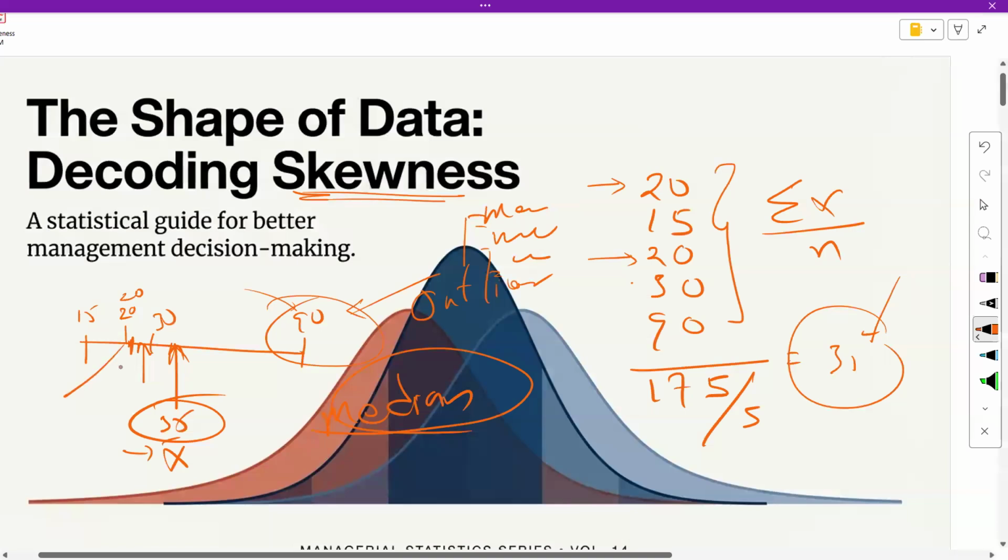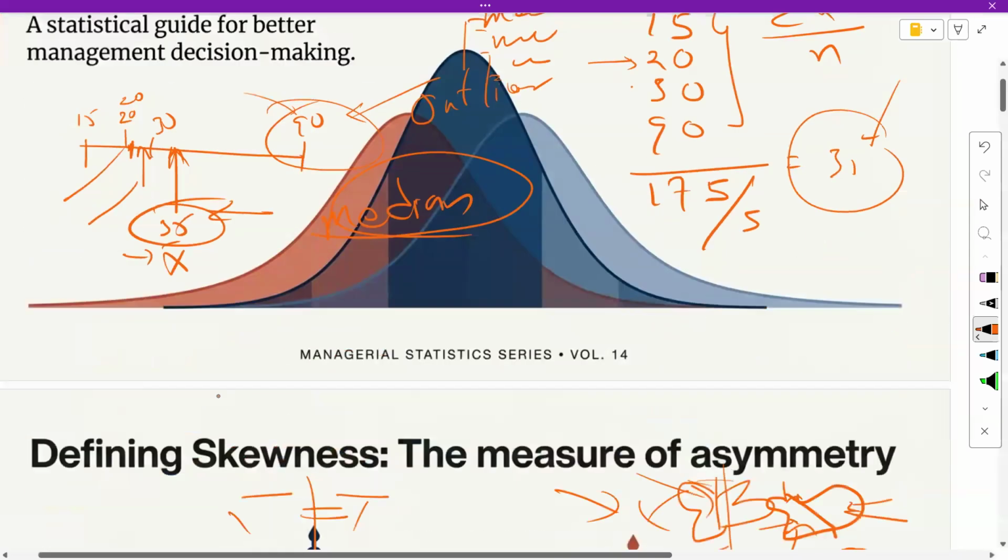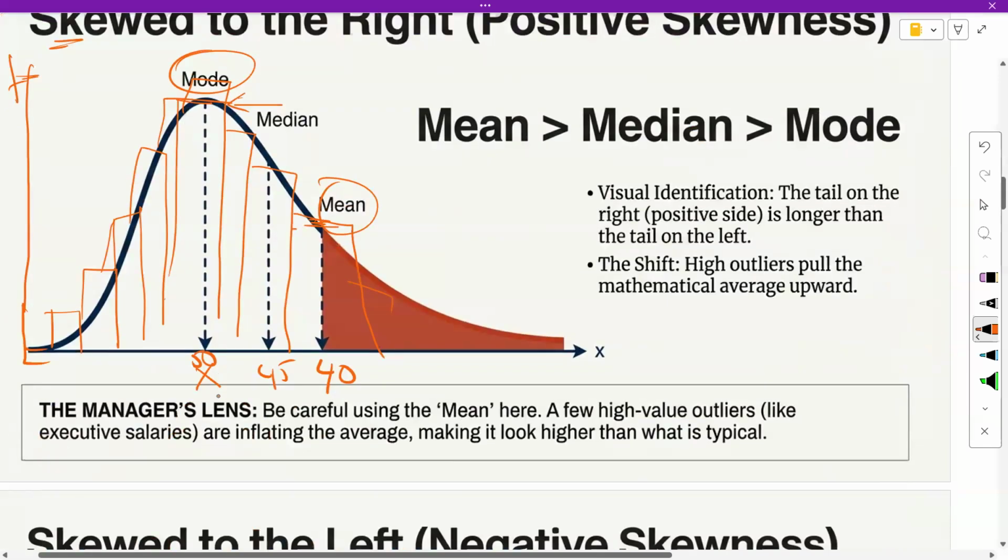This is mode, this is median, and this is mean. So this is what? Skewed data. The same principle applies here. You see, mode is here, right? Many times occurred, mode, and the mean is far right, 40, and median in the middle.